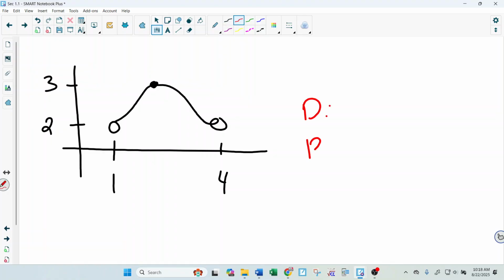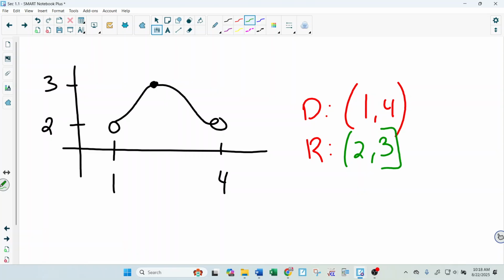So now if we wanted to find the domain and range, it goes from 1 to 4, but I wouldn't have brackets because it's an open circle. You would have parentheses, right? So it would be 1 to 4. And then the range, it would go from 2, but what would we have at 3, because it's a closed circle? We have a bracket. Remember that with the brackets and parentheses for open and closed circles. Kind of connecting that with what we looked at.